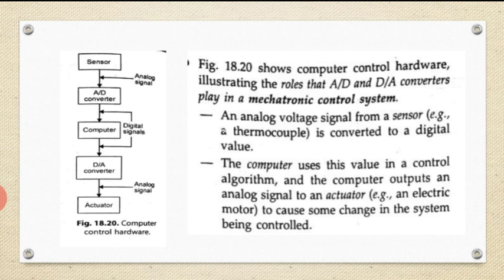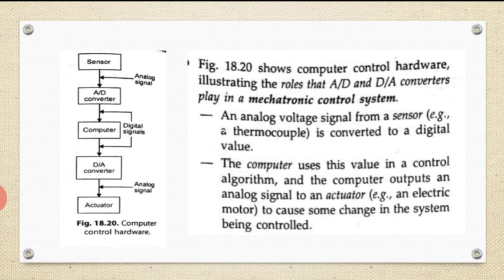Here the analog voltage signal from the sensor, for example a thermocouple, is converted to a digital value and fed to the computer.